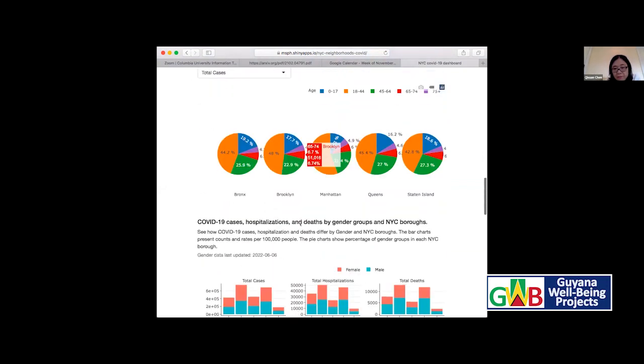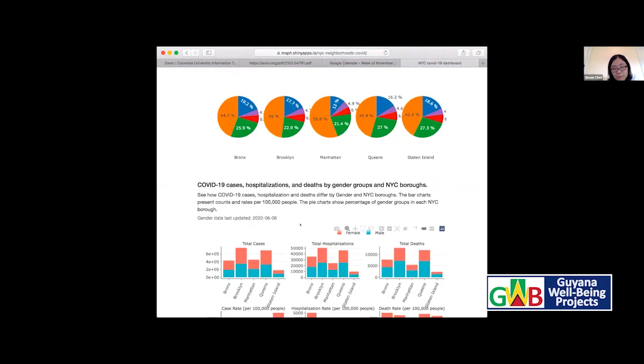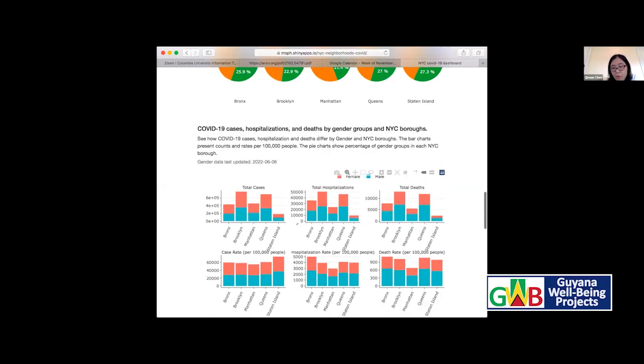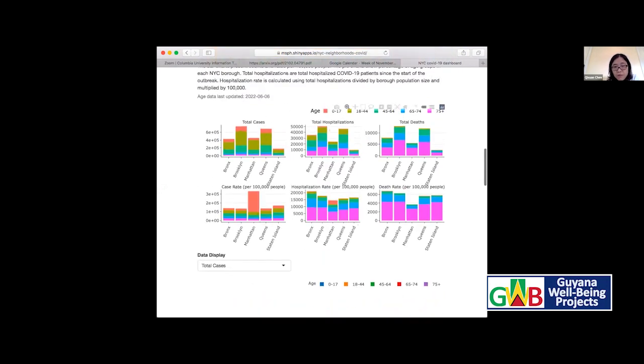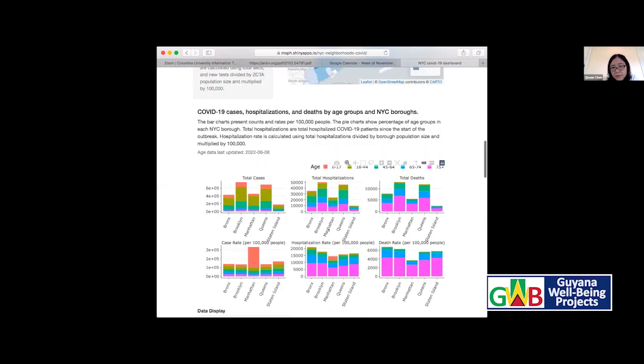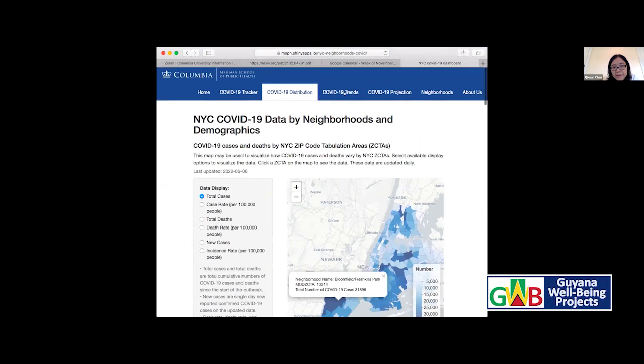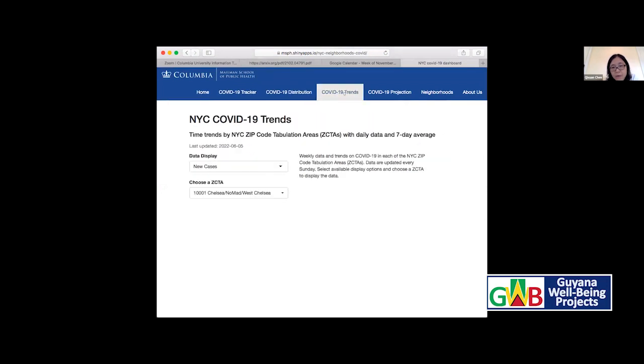Basically, from this information, we can see which demographic groups are harder hit compared to others. For example, for the total cases, the oldest age group, 75 and above, was not that bad. But if you look at the death rate, they are more dominant, and also the hospitalization rate. We also provide the trend, so you can always come to check your neighborhood for the past month or even a longer time.